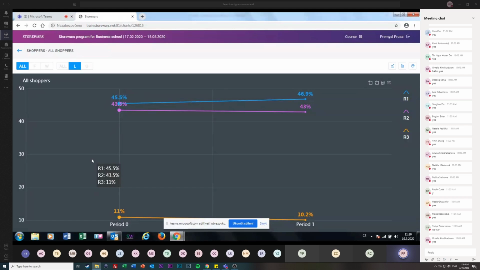And on top of that, I would like to highlight that even retailer 3 has dropped in the number of shoppers, which is good. So finally, both retailers 1 and 2 have managed to increase the number of shoppers, and the number of shoppers in the case of retailer 3 is a little bit smaller. So I think this is a good achievement.